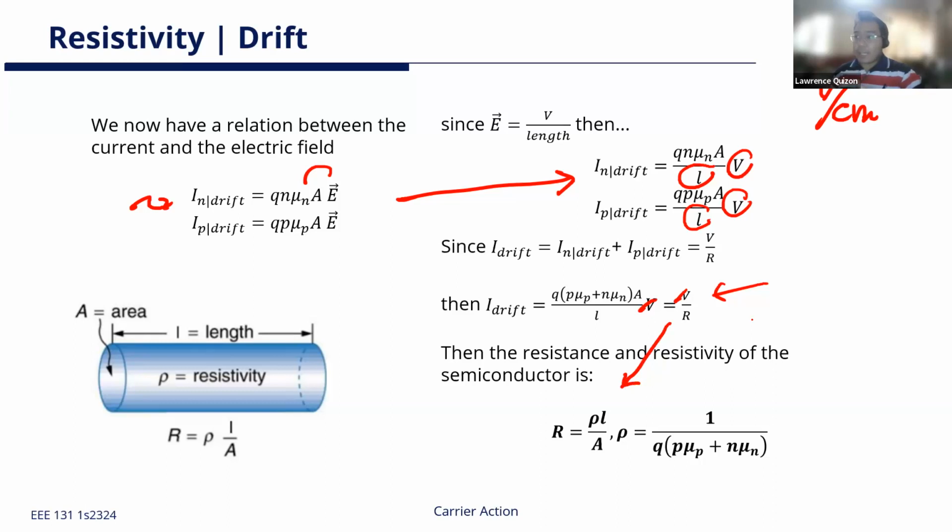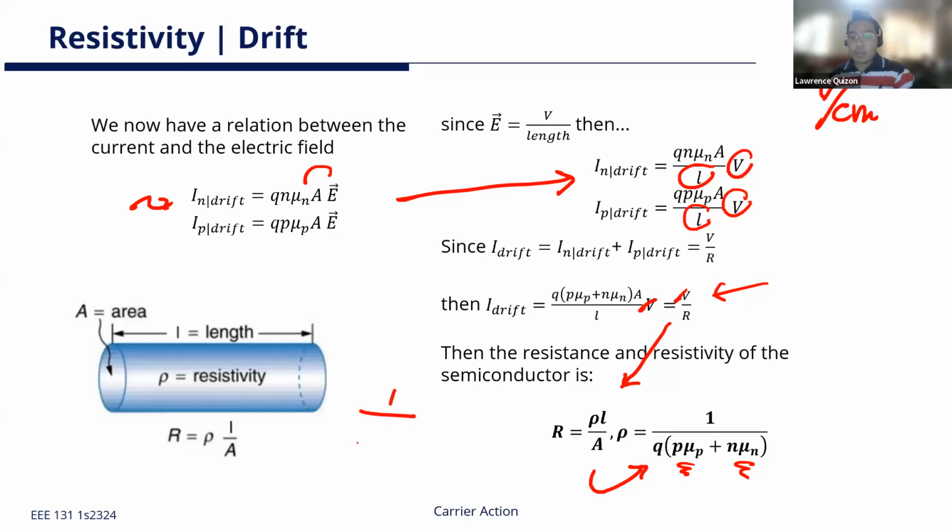Tapos, if we apply the equation rho L over A, which is the definition of resistivity, we get this equation. So, the resistivity is 1 over Q times the number of holes times hole mobility, plus the number of electrons times the electron mobility, no?